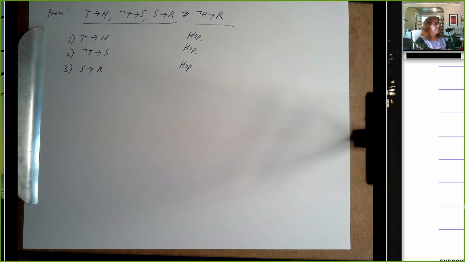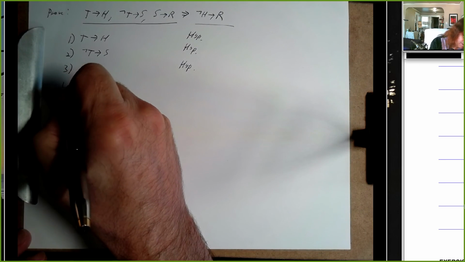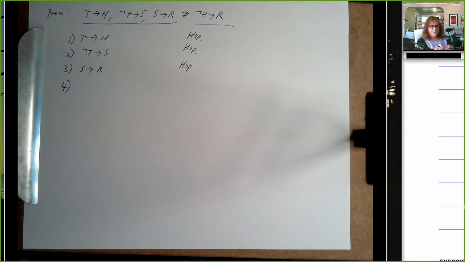All right, there's 3 starting lines for the proof. I've just restated the hypotheses. So what else can I do? What's another statement I could write down and why?